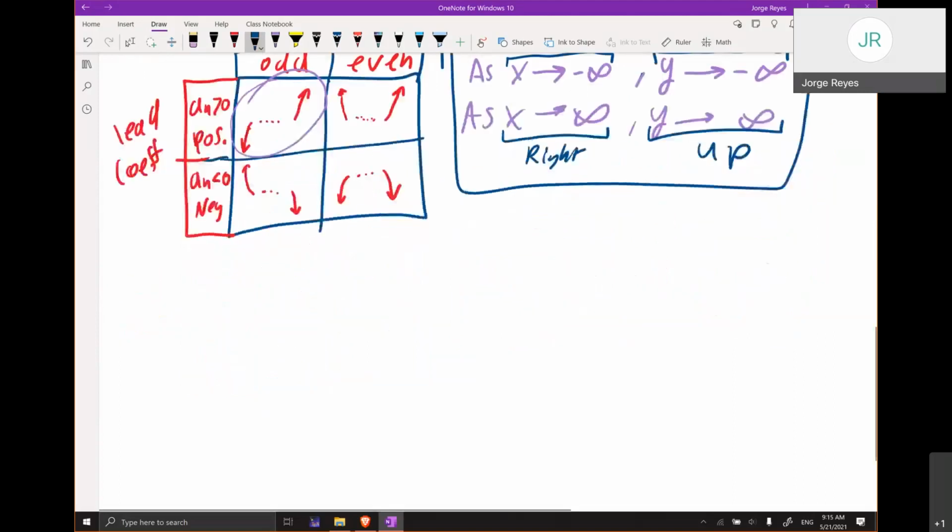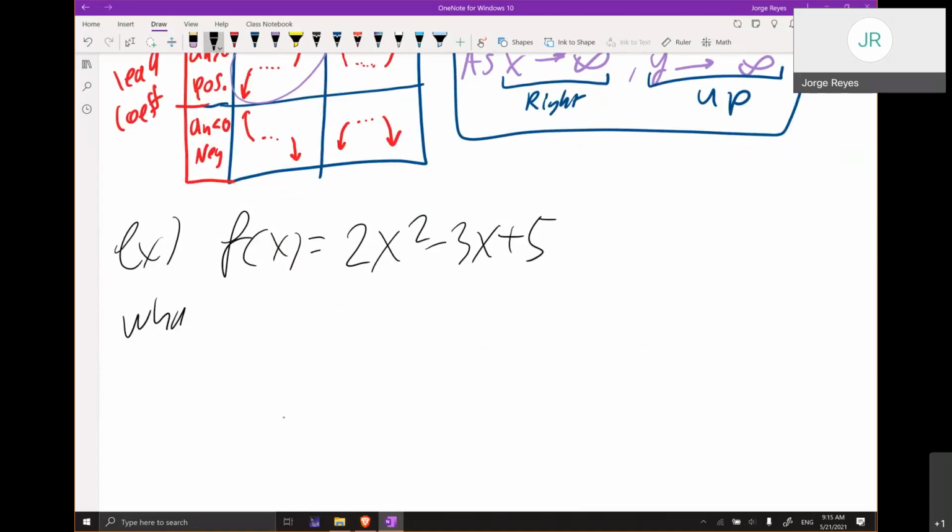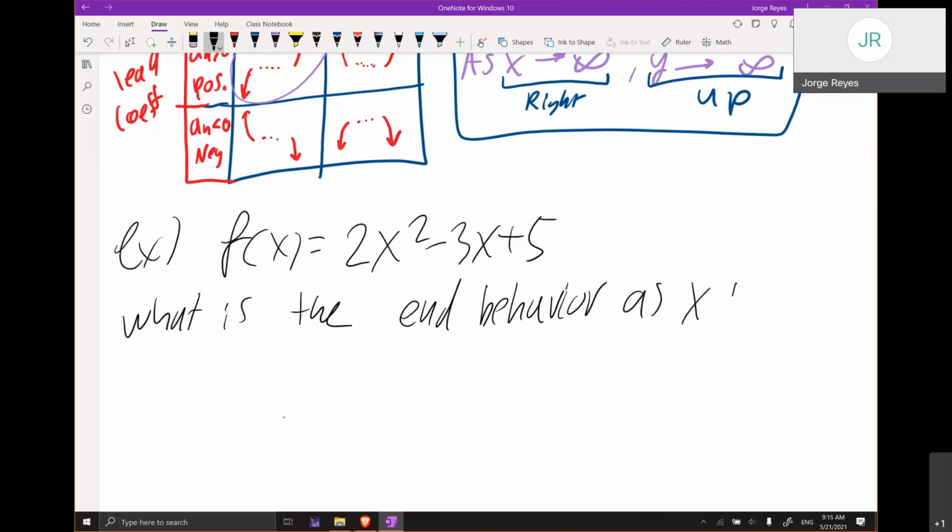So let's do an example. I just want you to tell me, here's a function: 2x squared minus 3x plus 5. I want to know what is the end behavior as x tends to negative infinity.